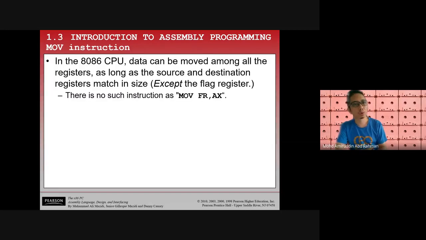As I said, the data can be moved among all registers as long as the source and destination registers match in size, except the flag register. For example, there is no such instruction as MOV FR, AX. So the general register cannot be moved to the flag register.